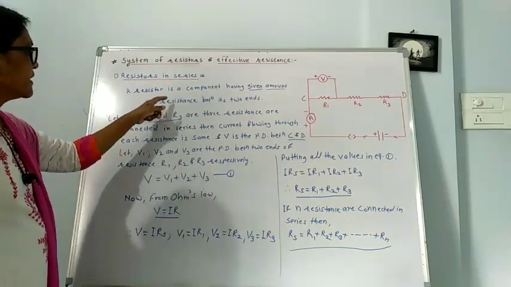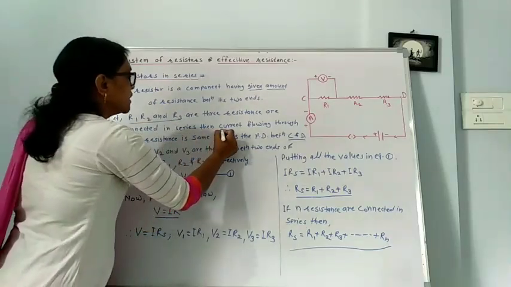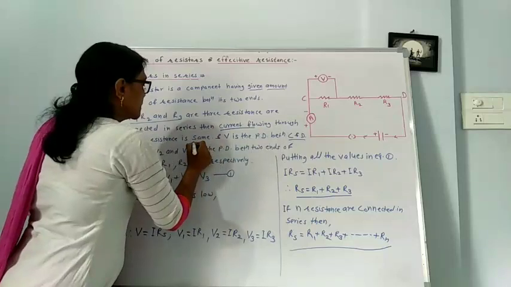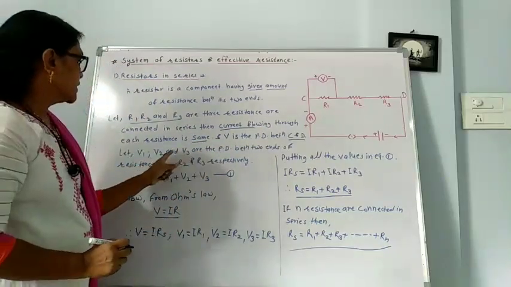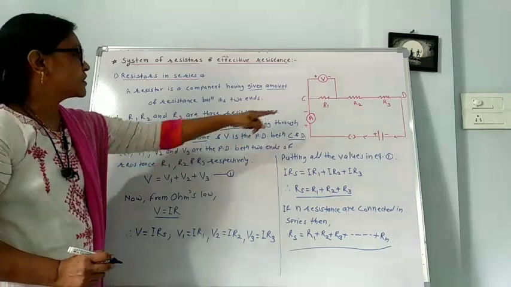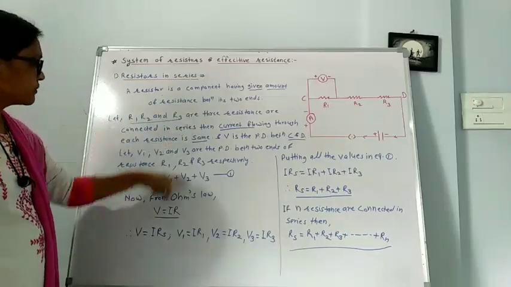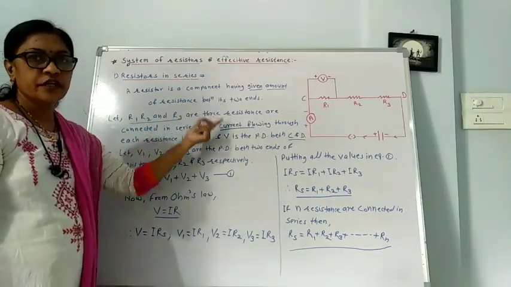When the resistors are connected in series, remember the current flowing through each resistance is the same, and the potential difference between each resistance is different. Now you have to write all these expressions using your textbook.